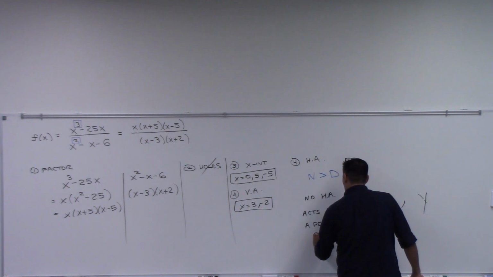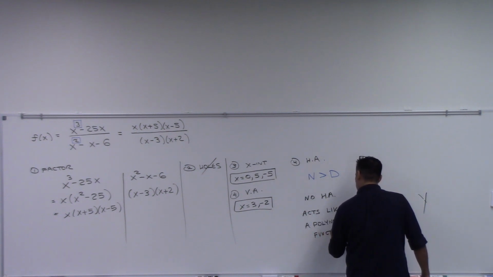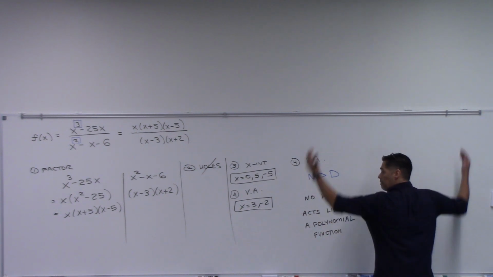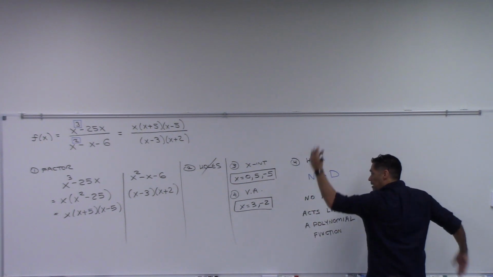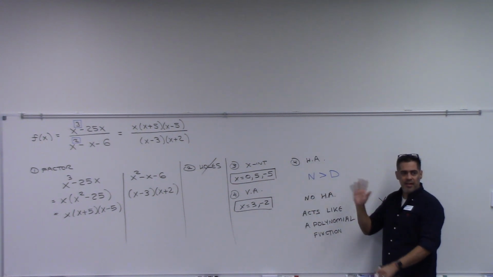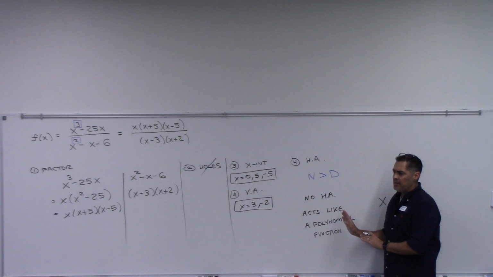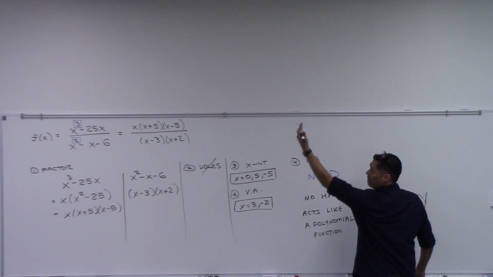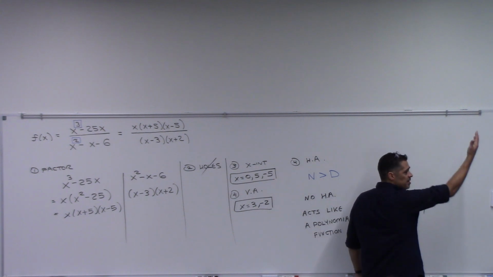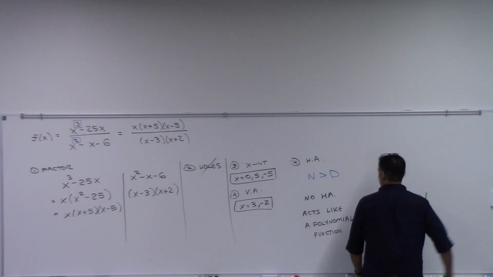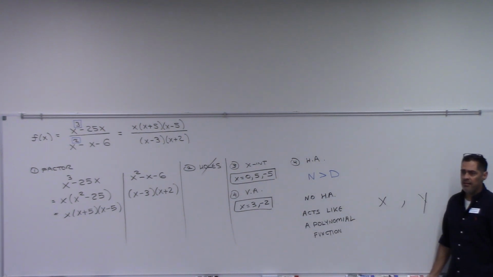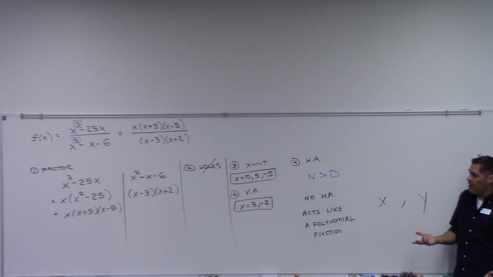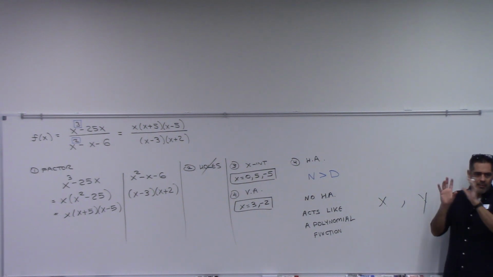Do you remember what polynomials did at the ends? I'm not saying we're going to use the test. What I'm saying is that the left end is either going to do that or that, and the right end is either going to do that or that. It's just no flattening. We will still have to figure that out, but there's no little chart or table that we're going to use.